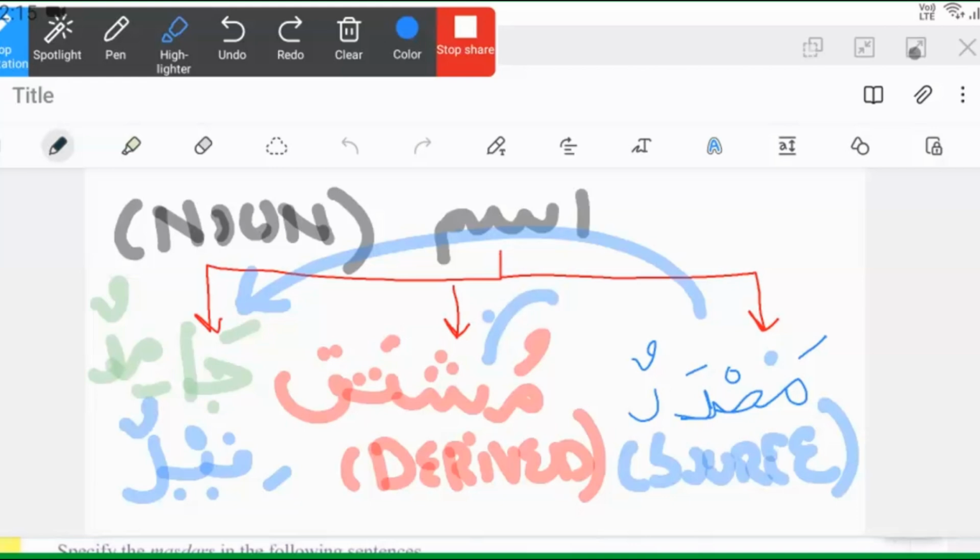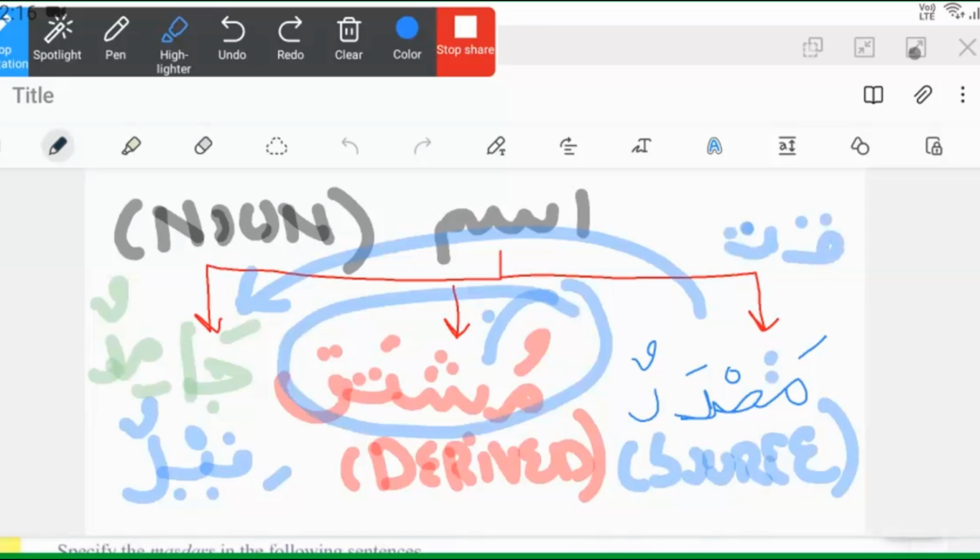Qatil is someone who is killing someone, and maktul is who was killed. And maqtal is the place where the killing was done. So this maqtal, qatil, maqtul, they are all mushtaq, because they are being derived from qatala. And actually the masdar is qatlun. So this is the difference between the three.